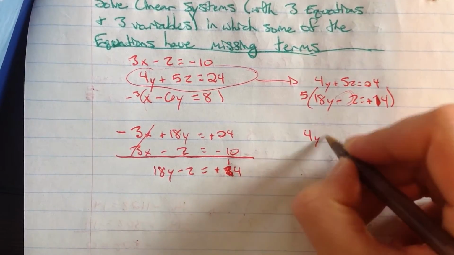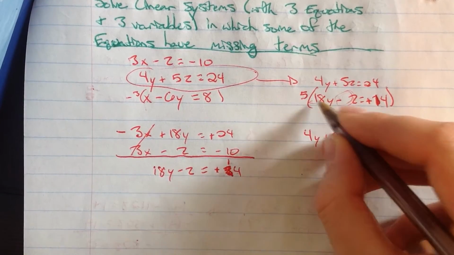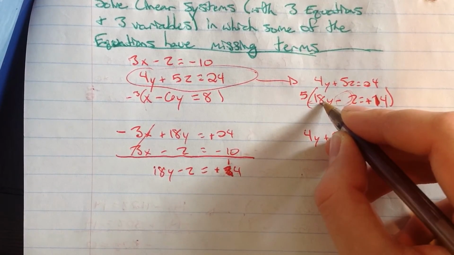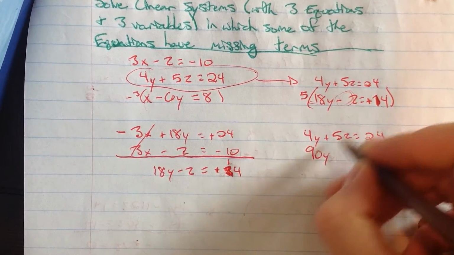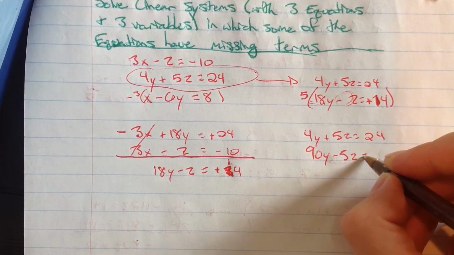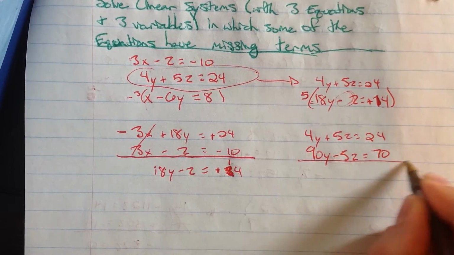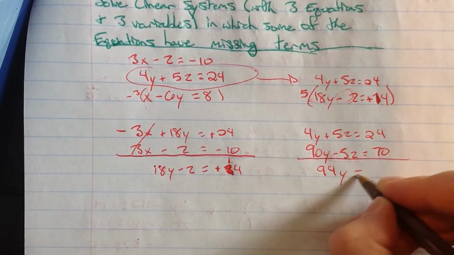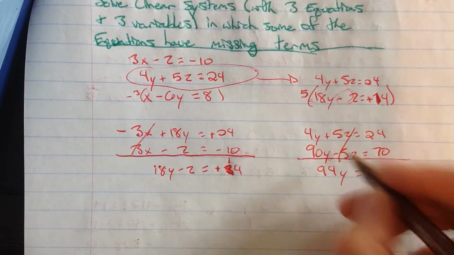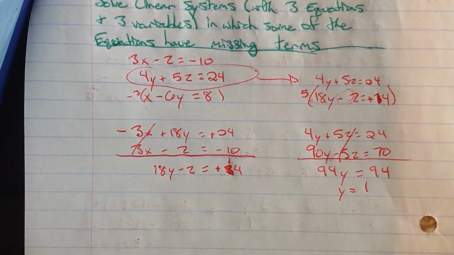So leaving the top equation the same, times the bottom equation by 5. 18 times 5 is 90y, negative 5z equals positive 70. So I get 94y equals 94, because these cancel. So y equals 1.